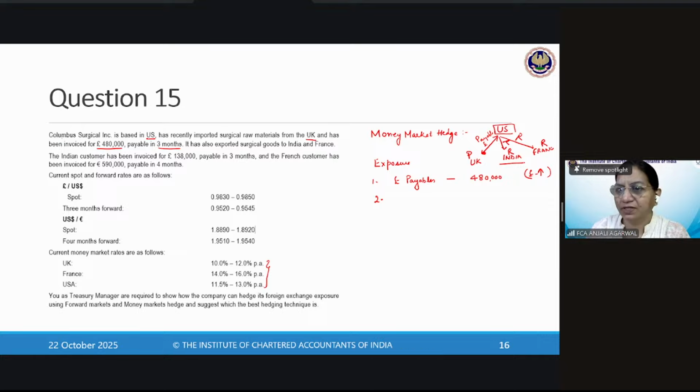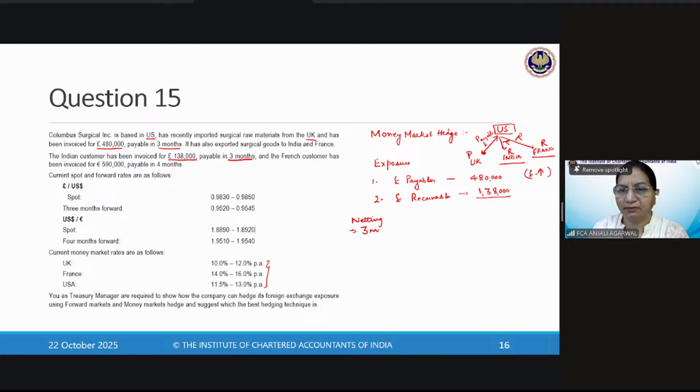Let's see which currency the invoice was. The Indian customer has been invoiced pound 138,000 payable exactly after 3 months. Timing is matching, amount is not exactly matching. Pound receivables from India exactly after 3 months, how many? 138. So we can do the netting here. Timings are exactly matching, so you can do the netting.